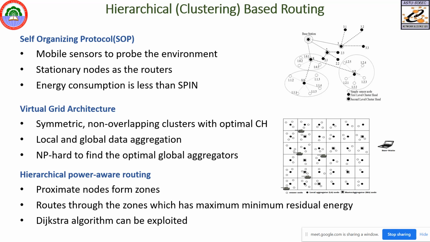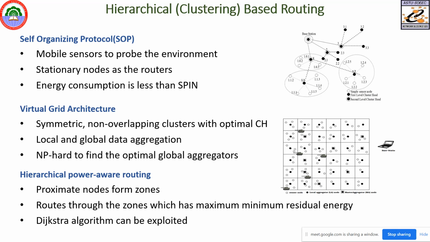These square clusters are used to obtain a fixed virtual topology. Inside each zone, a node is optimally selected to act as the cluster head. That's why we say virtual grid architecture. There is no actual grid; the grid is formed on a virtual basis.